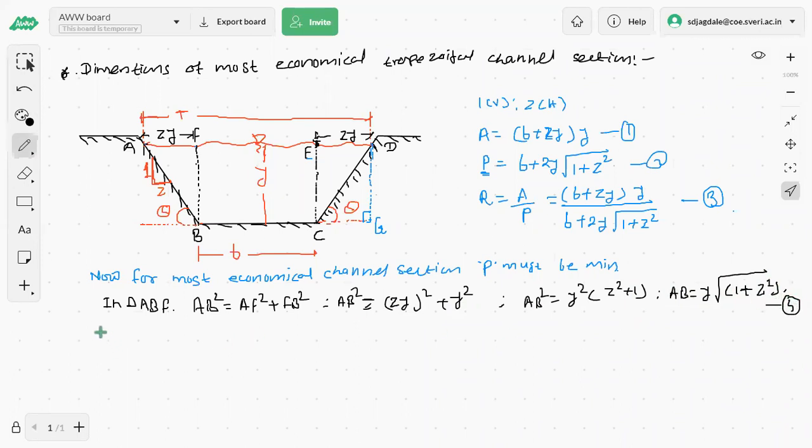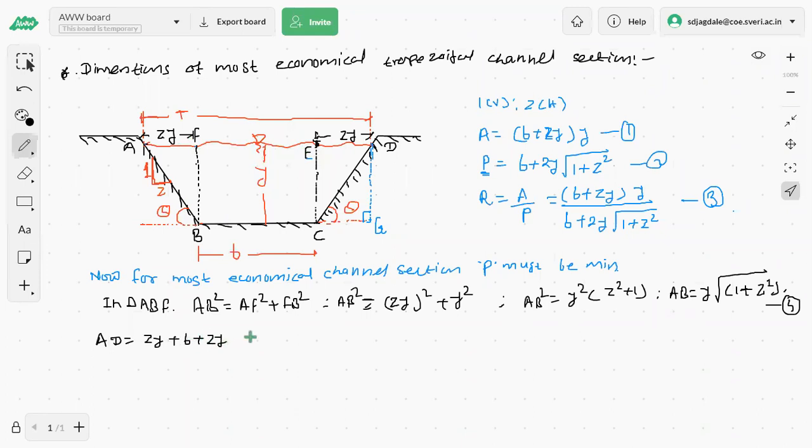Then the total top width T we can say is AD. AD will be equal to zy, which I am writing as AF, plus this one, F to E. What is the dimension of E to F? B. Right.